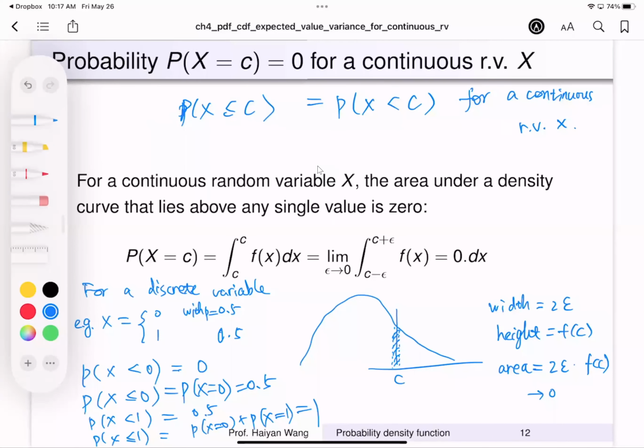So in a discrete variable, less than versus less than or equal to don't have the same probability. Just be careful. If you work with a continuous variable, you don't have to worry about the single value, but if you are working with a discrete variable, you have to worry about whether that value is included in the probability calculation or not.